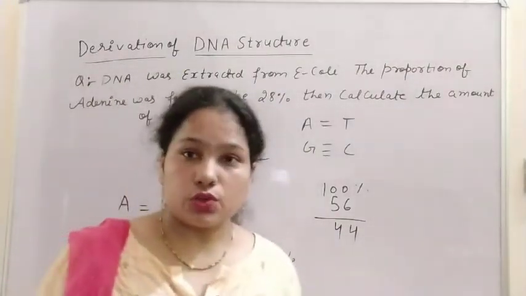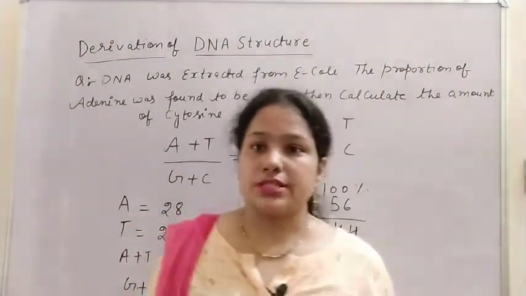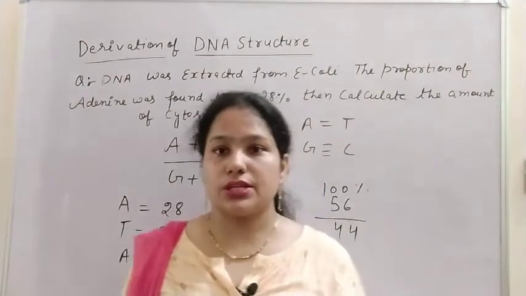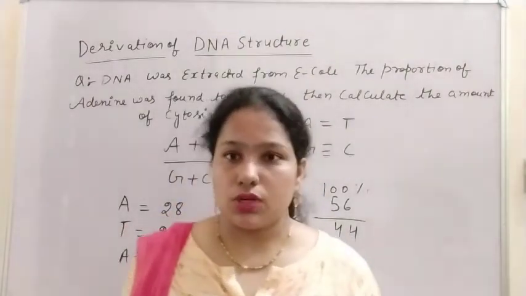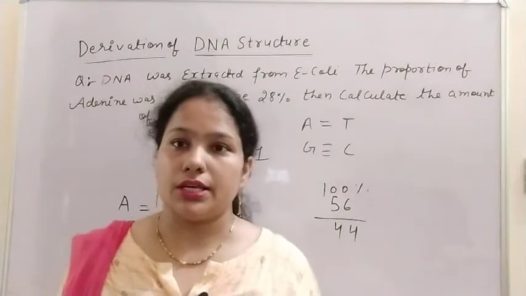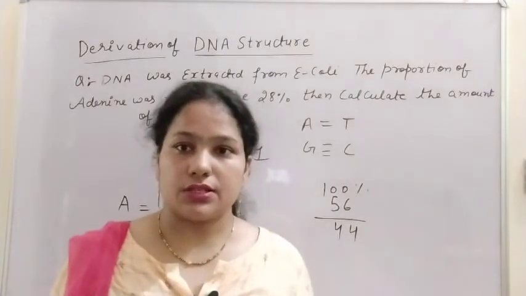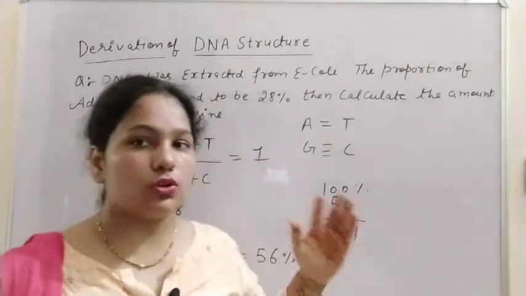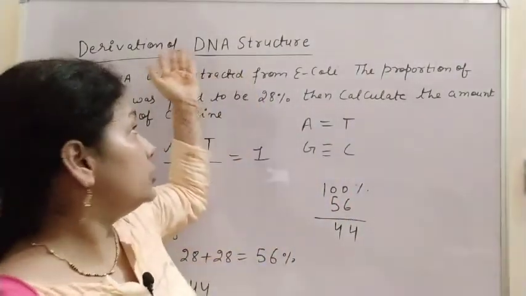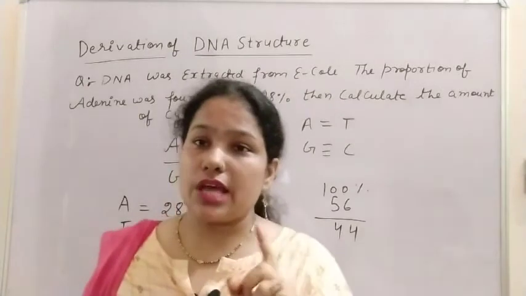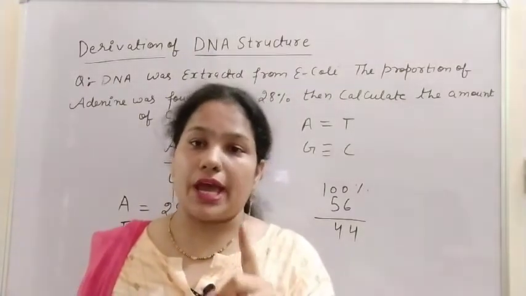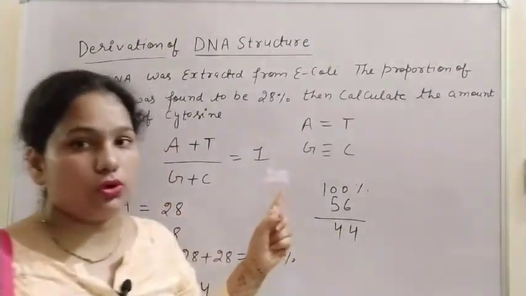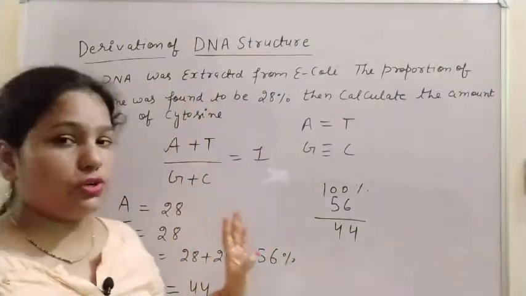So you understood in this video basically that how many base pairs are present in case of the different animals, in case of E. coli, in case of lambda phage, or in case of human being. And also the derivation of DNA structure. This derivation is based on the X-ray crystallography, and second is the Chargaff's rule. So these were the two observations.